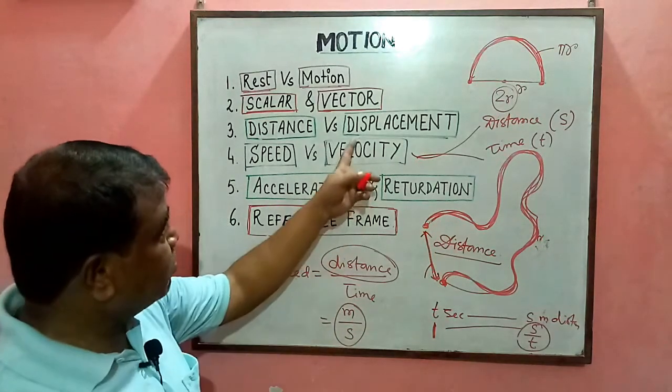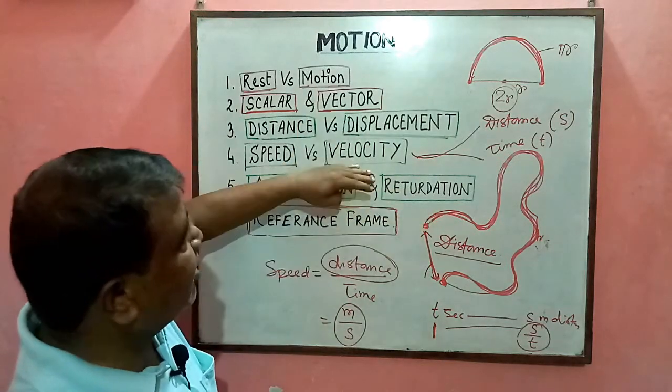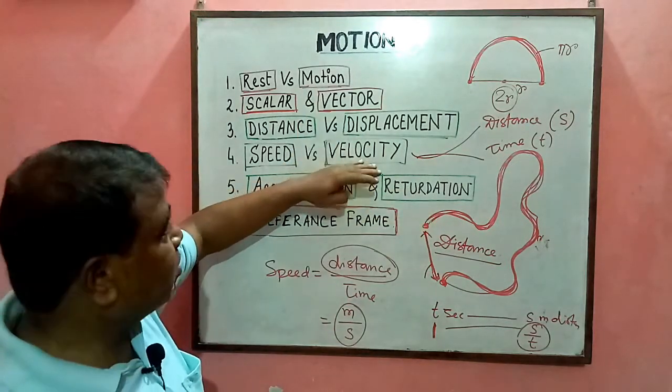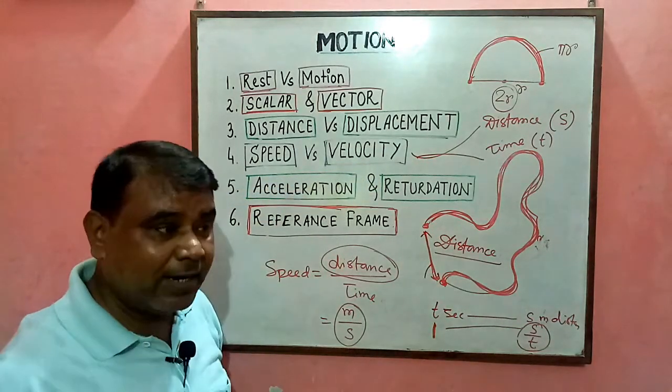Now let me talk about displacement. Displacement with time will give us velocity, because velocity is a vector quantity. It has to maintain a direction.